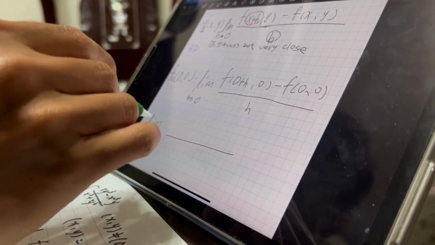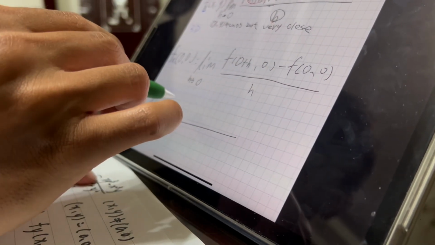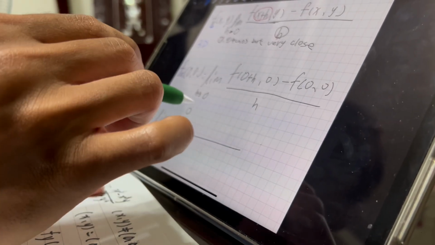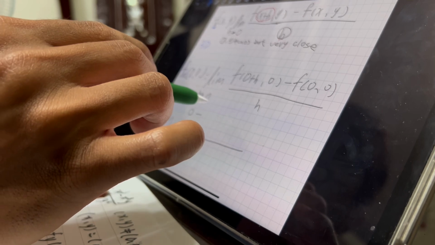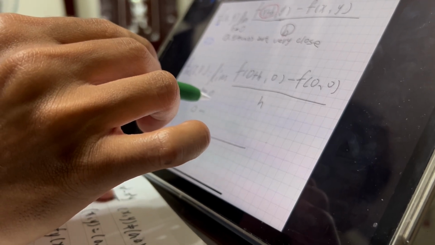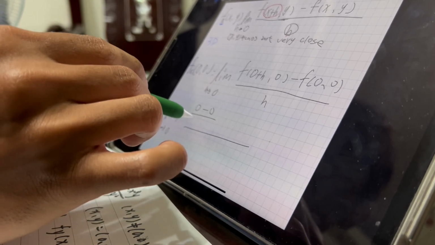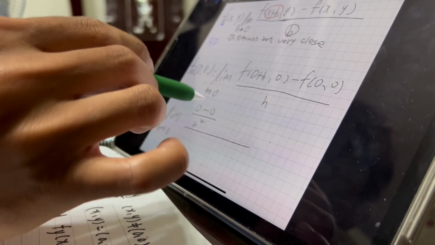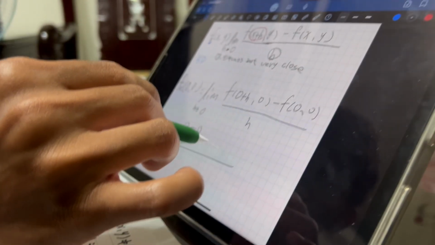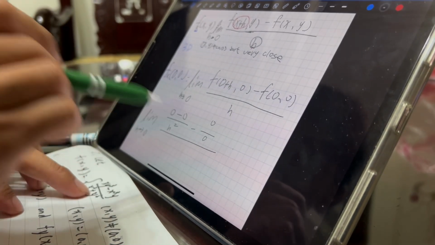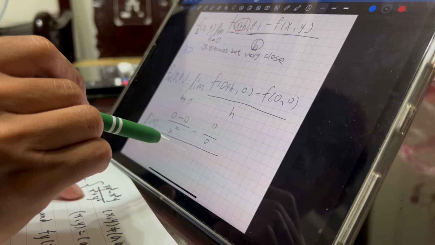Good. And we have to calculate 0 minus 0, divided by h squared, minus 0, 0 and h.